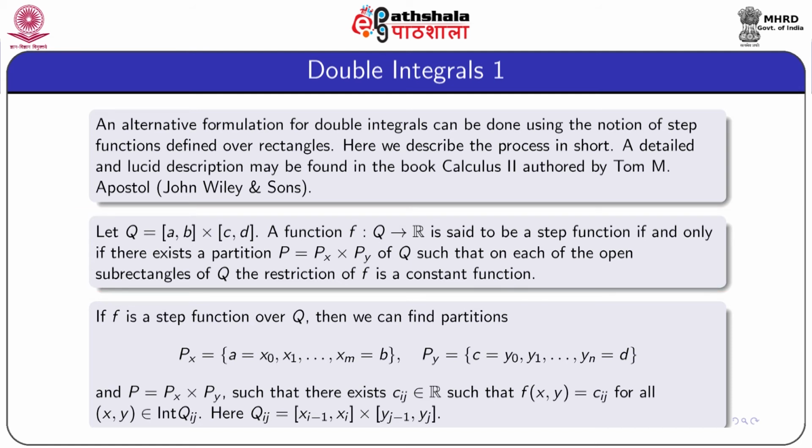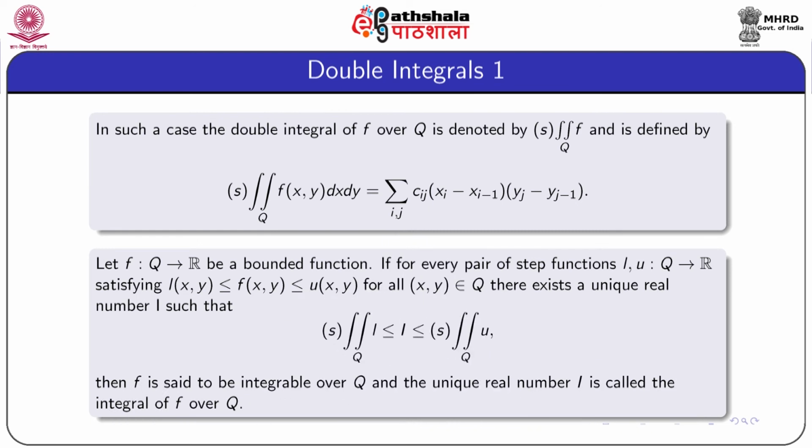We assume f is a step function over Q, then we can find partitions Px equal to a equal to x0 up to xm equal to b and Py equal to c equal to y0 up to yn equal to d, and P equal to Px times Py, and real Cij such that f(x,y) equals Cij for every (x,y) in the interior of Qij, where Qij denotes [x(i minus 1), xi] times [y(j minus 1), yj].